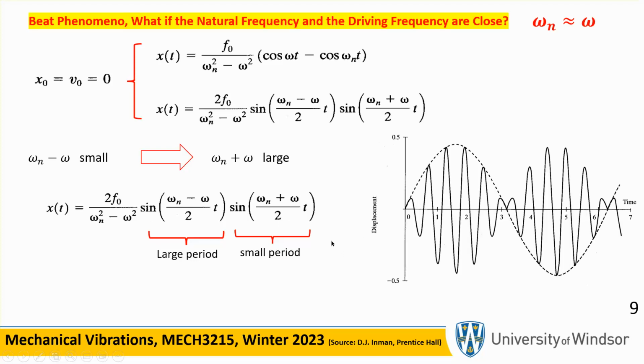So if you actually plot this kind of a solution, you're going to get a slowly varying amplitude. This slowly varying amplitude comes from this term. This term will give you that dotted curve, and this term is going to give you the rapidly oscillating portion of the problem.